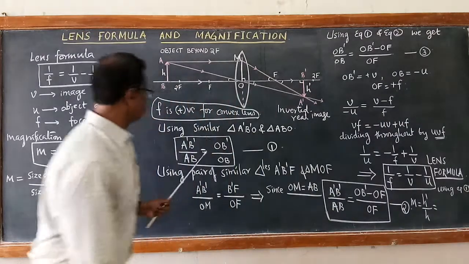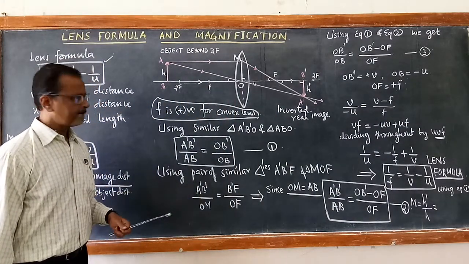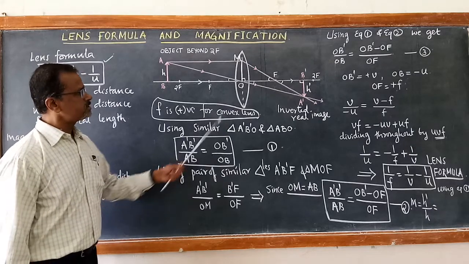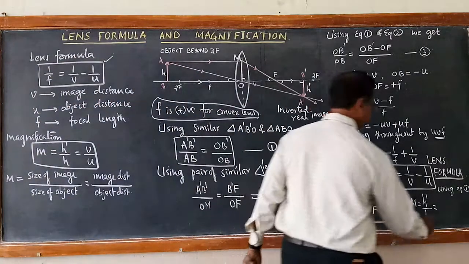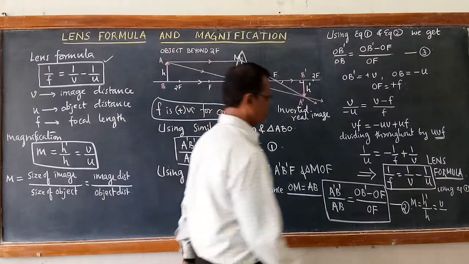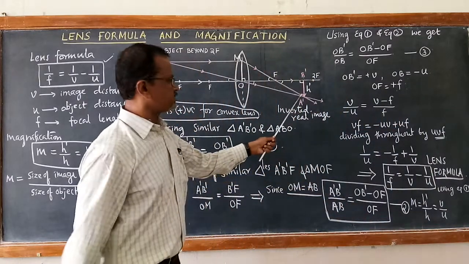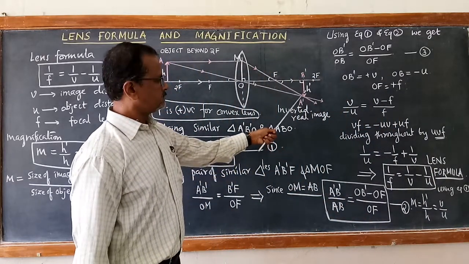H dash by H is equal to what? From this equation, OB dash by OB. OB dash, what is OB dash? V. What is OB? OB is minus U. But H dash is minus H dash. Look at it.